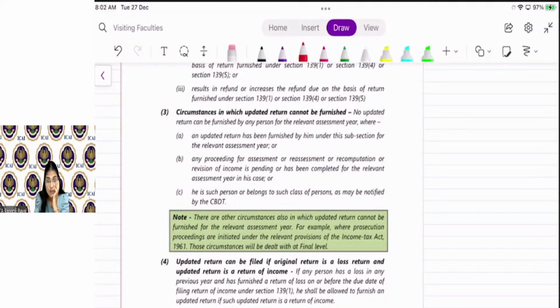For any proceedings for assessment or reassessment, if your case is pending for assessment proceedings with the assessing officer, then for that year, you cannot file updated return. And for such class or classes of persons as notified by the CBDT, till now they have not notified, but they have power, they can notify. Other circumstances you will learn at final level.